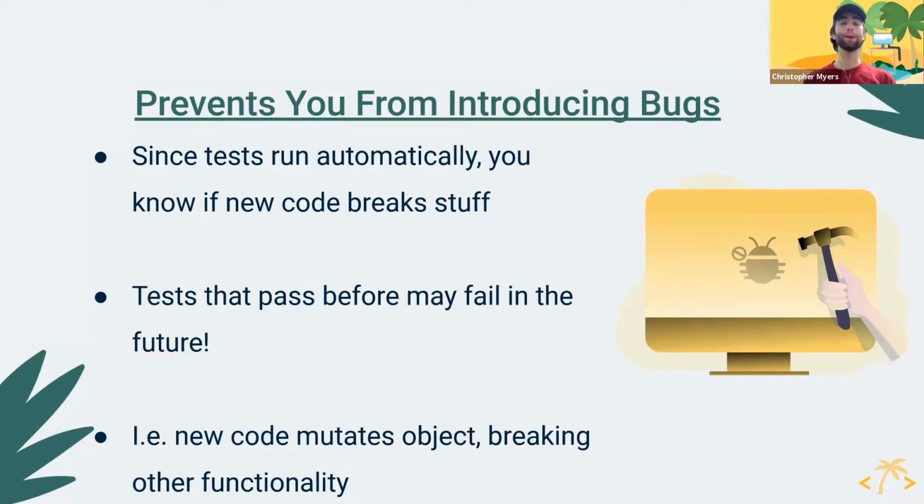And so that's how you'll know immediately that your new code somehow messed things up elsewhere in the app. That's why it's good to have these in place, because these kinds of bugs are pretty hard to find otherwise. For example, if you're taking Fundies 2 yet, you may have learned about mutations, so that can lead to some unexpected changes. If you're not familiar with that though, no worries.